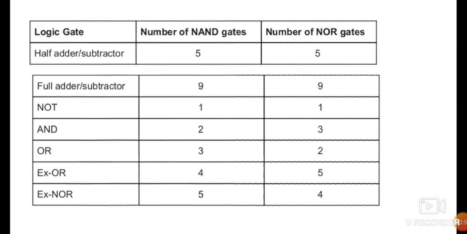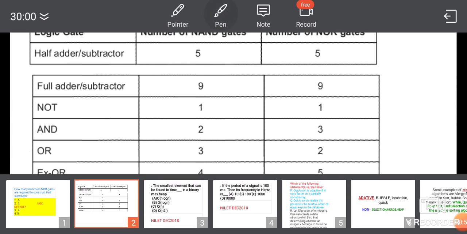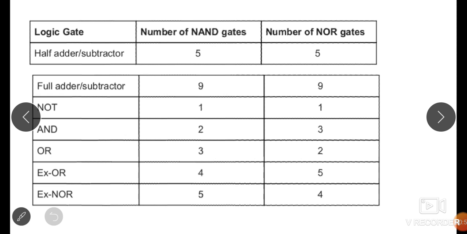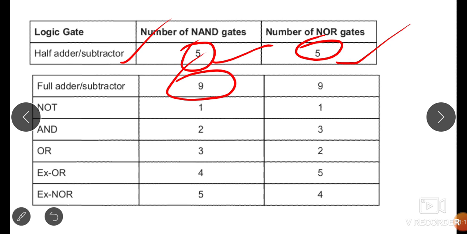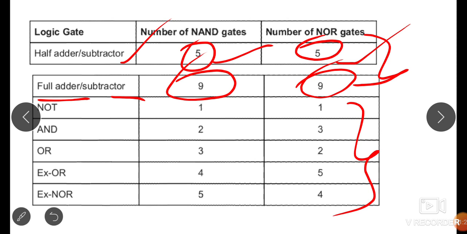To remember this table: all values here are 5, so a half adder and subtractor require 5 NAND gates and 5 NOR gates, and a full adder or subtractor requires 9. Both values are the same, but here the values change.